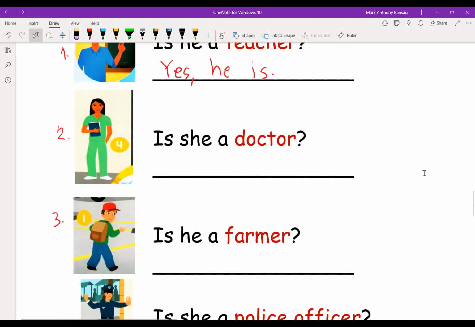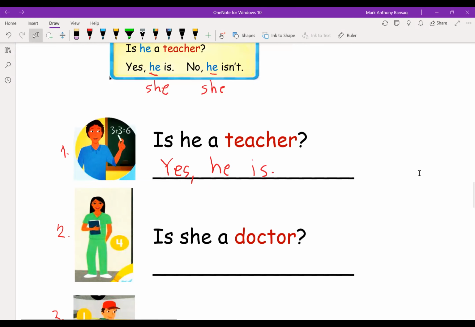Number 2, the question is, is she a doctor? Is she a doctor? The answer is no. This one is a woman, so let's use she. No, she isn't. Or we can say, no, she is not.